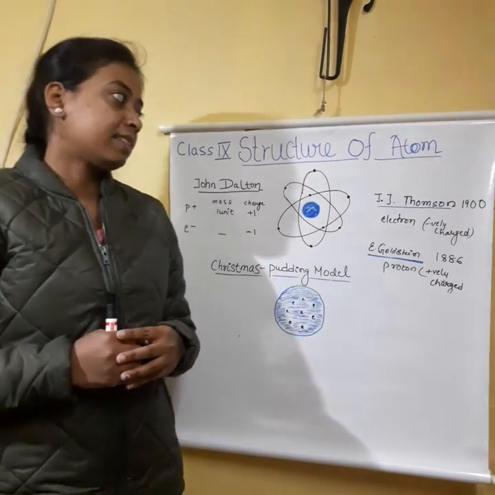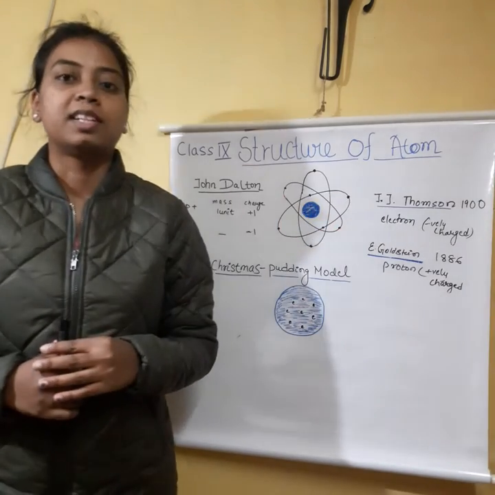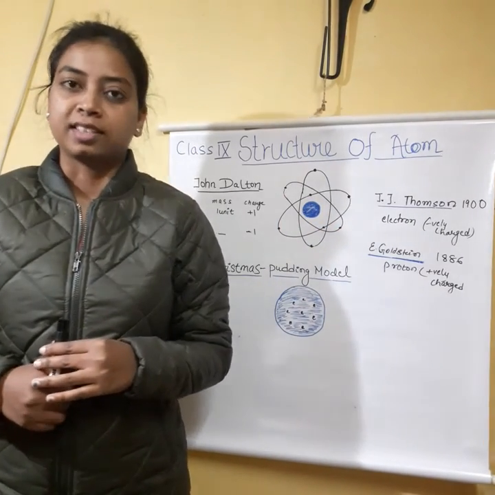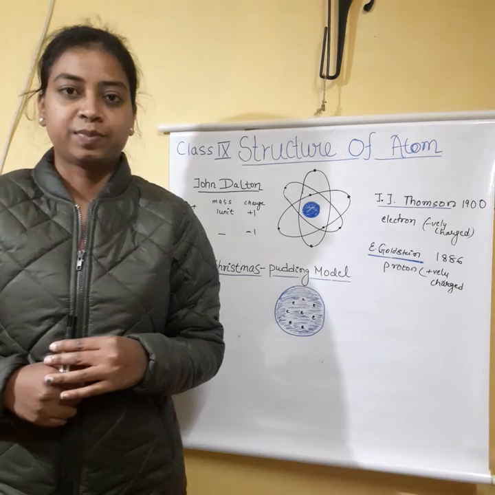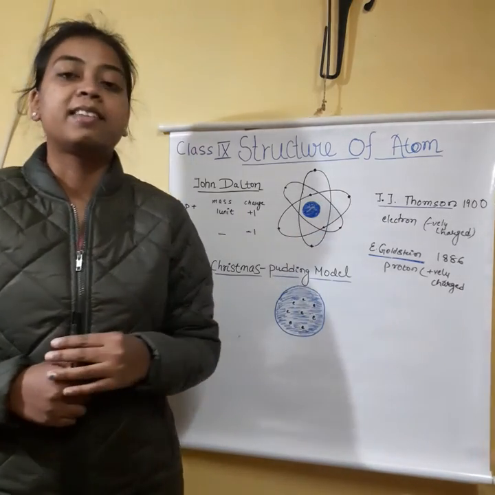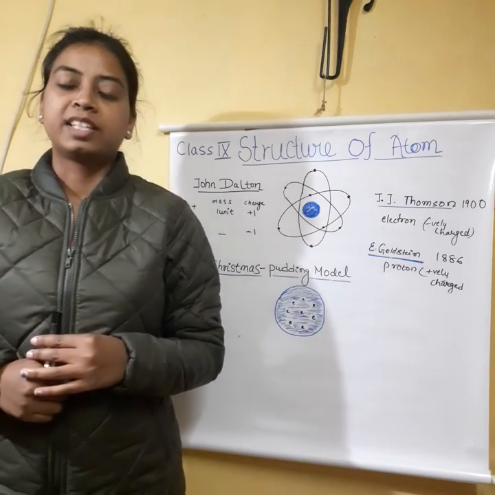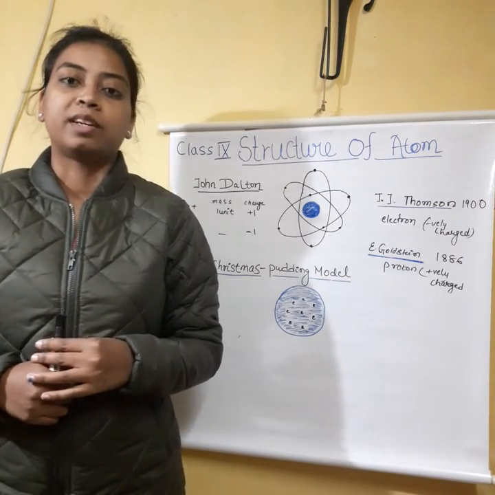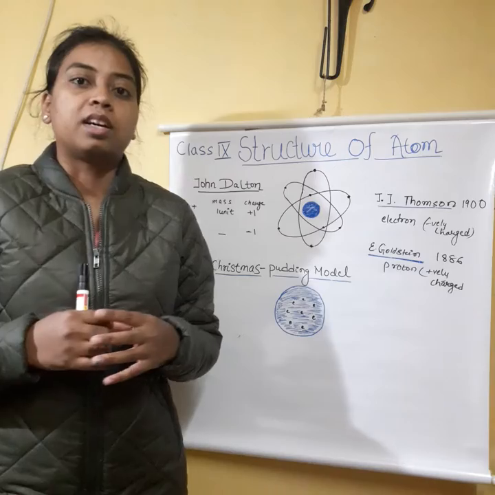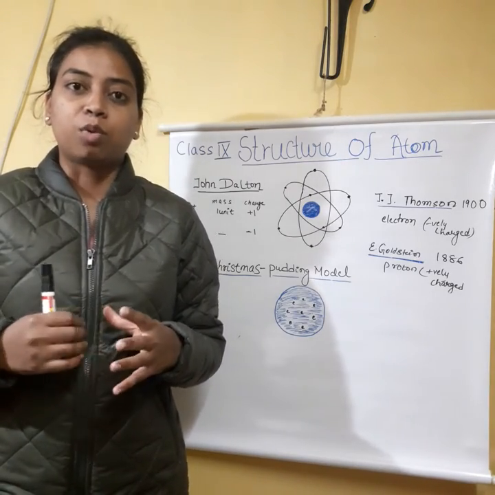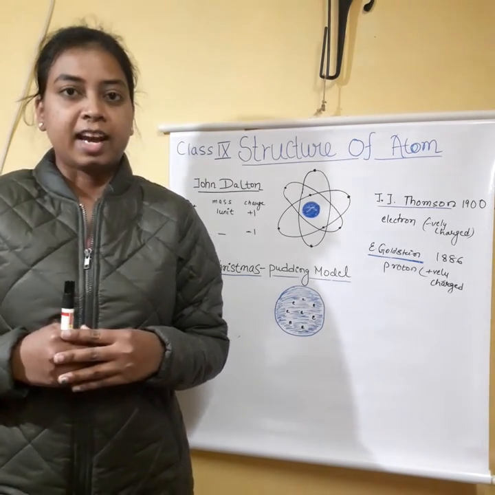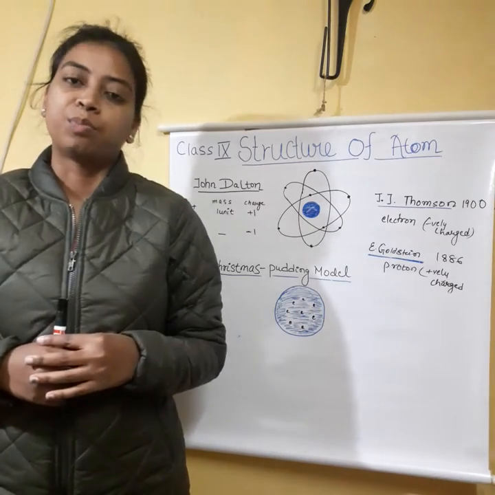Our scientist J.J. Thomson discovered the electron in the year 1900 and he called it a negatively charged particle. Even before that, E. Goldstein in his experiment found the canal rays, that were positively charged rays, which led to the discovery of the proton.